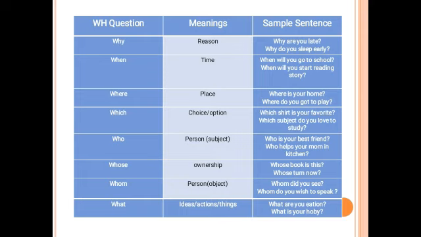Here the person doesn't know what somebody is eating, so the person is asking, what are you eating? For example, the person will answer, I'm eating a banana. So here the action is described by the answer, that the person is eating a banana.